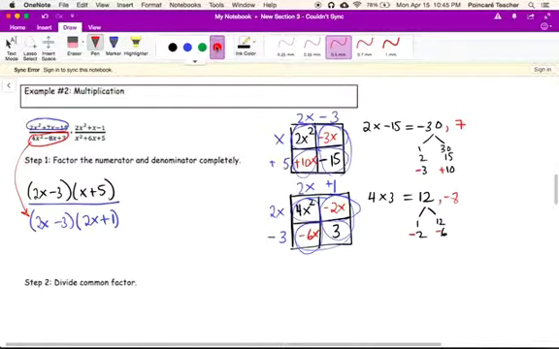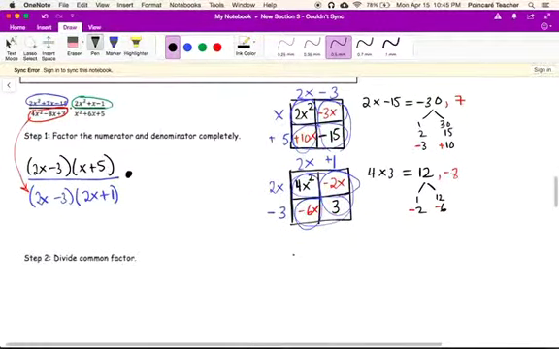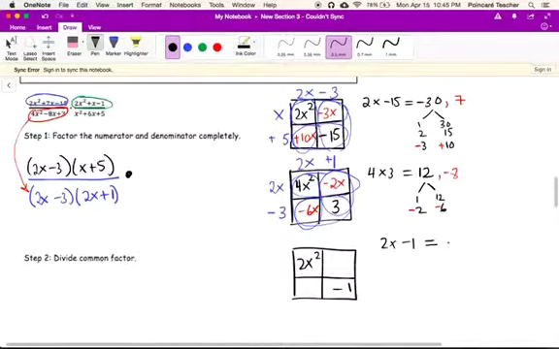Okay, and then I need to factor the numerator here, the 2x squared plus x minus 1. So that's 2x squared, negative 1. A and C is 2 times negative 1, and it's going to give me negative 2. And I want them to add to give me 1. So that has to be 2 and 1, 2 being positive, 1 being negative.